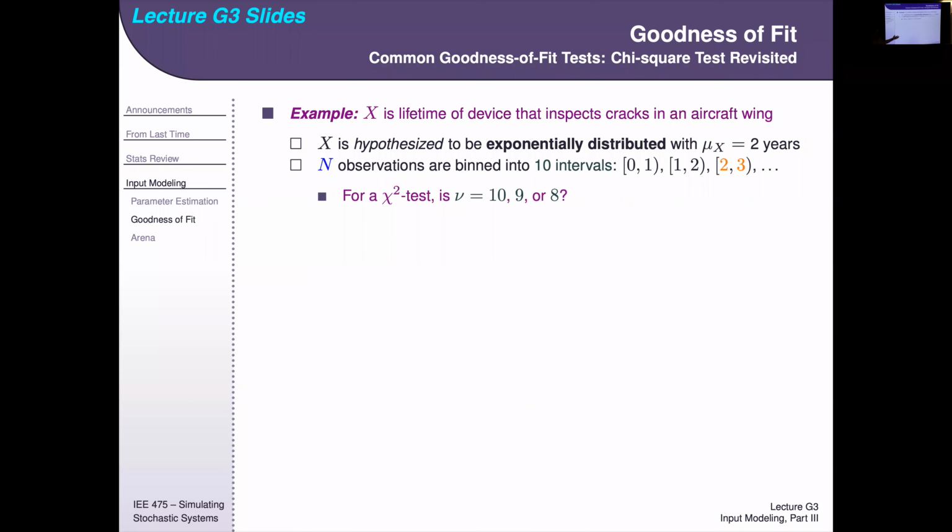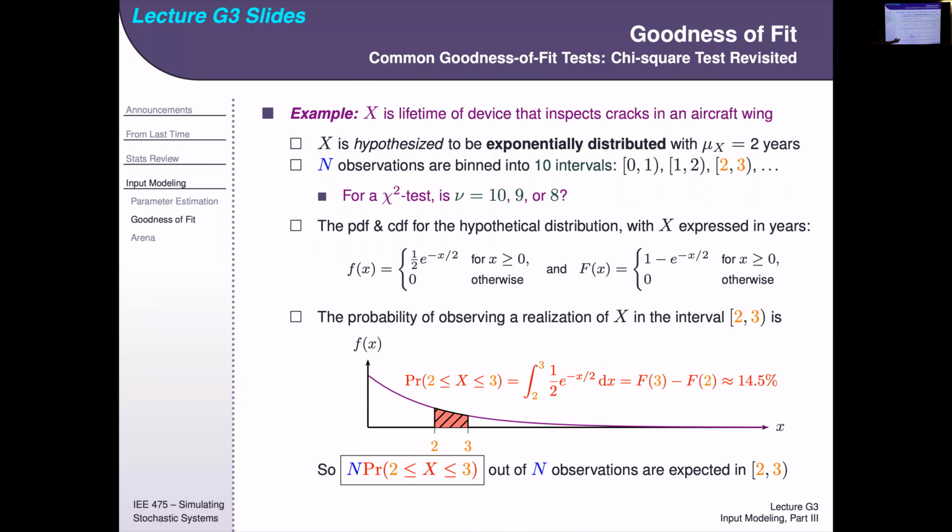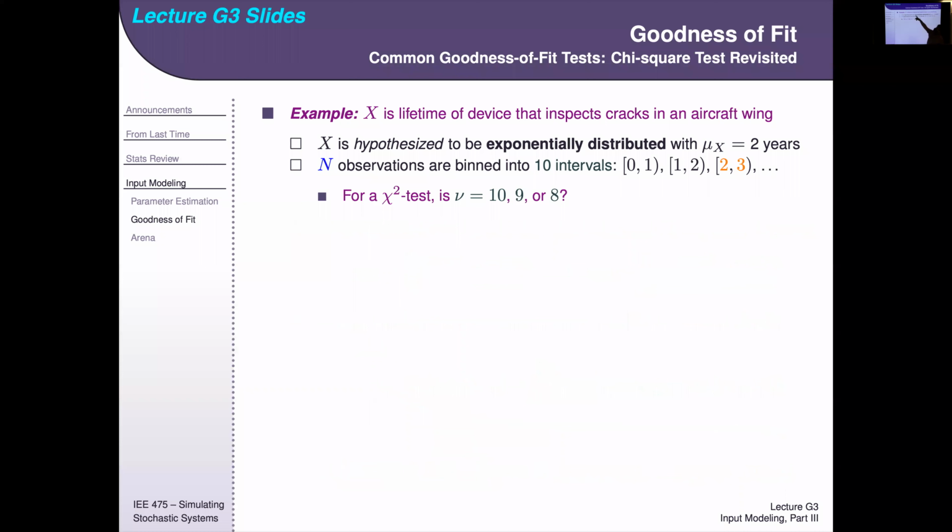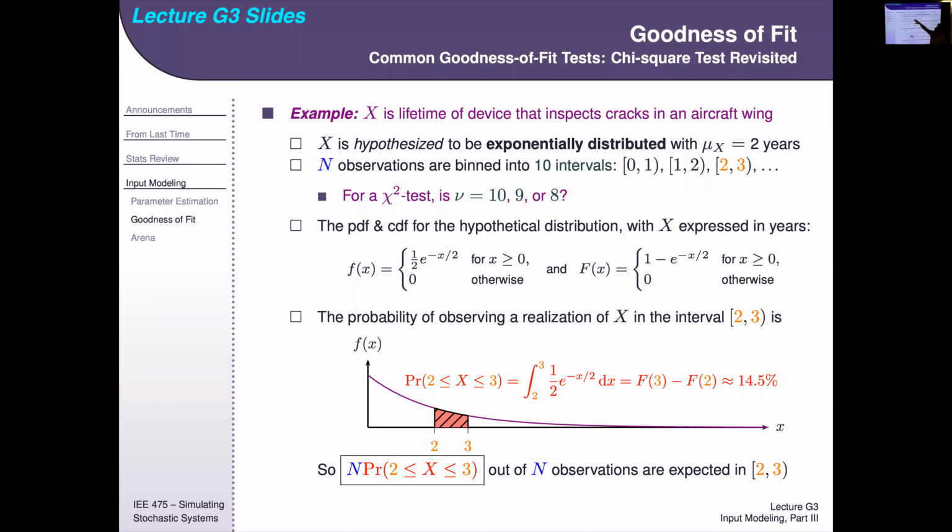If I don't give you the CDF, then I have an integral. Yeah, then I have to actually integrate under a curve. So like here, if I wasn't given the CDF for an exponential, and I'm given this question here: X is hypothesized to be exponentially distributed with a known mean, n observations are binned into 10 intervals. I'm asking what the degree of freedom is here, but I just want to move on.